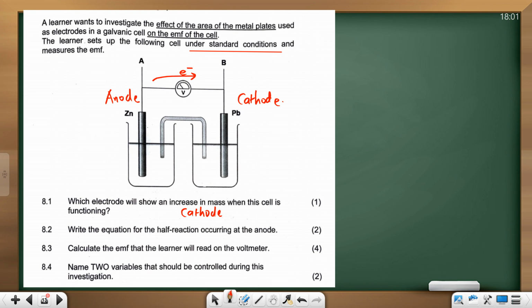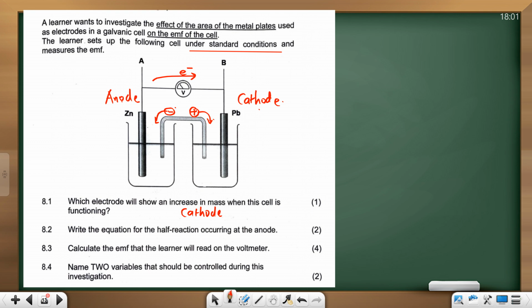Number 2, examiners would say the negative ions are going this way and the positive ions are going this way. The positive ions are called cations. Where will they go to? The cathode. The anions will move to the anode. So once I see that, I know the cathode and I know the anode.